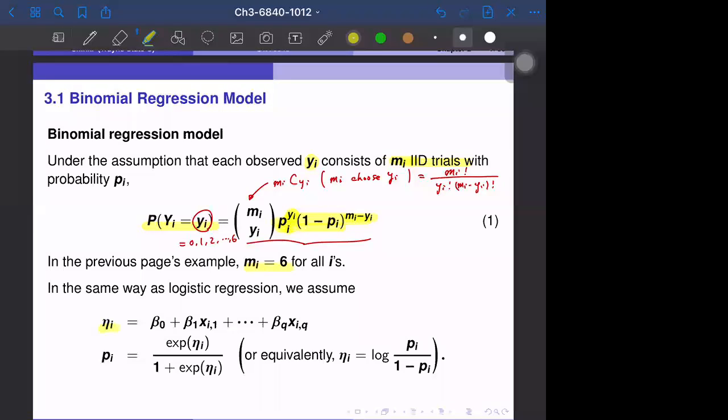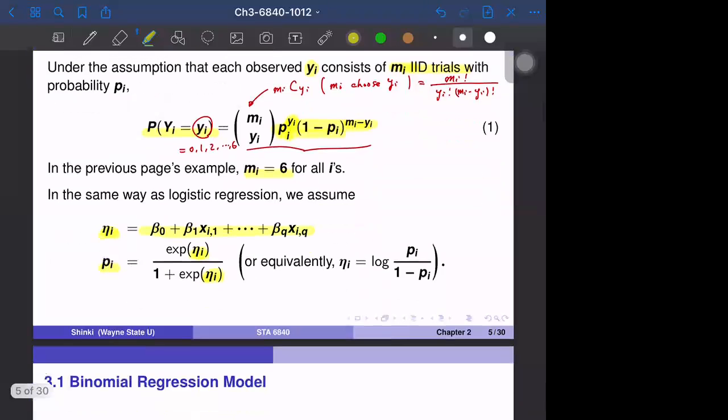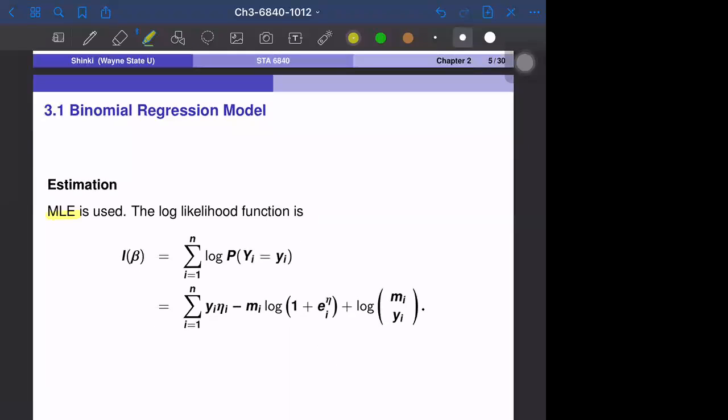The fitted value, pi, is the inverse logit function of eta i, and eta i is a linear combination of predictor variables. So this is the model, and estimation is the same. We use the maximum likelihood estimator, so we maximize the log likelihood; the maximizer of L of beta is beta hat.